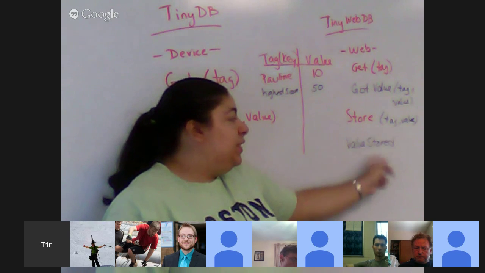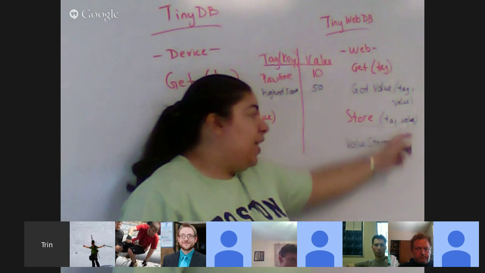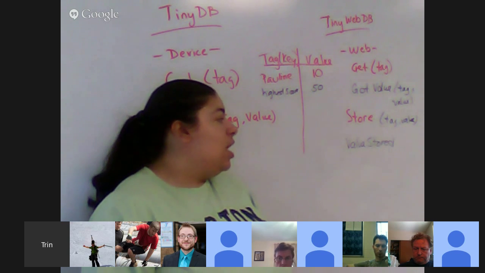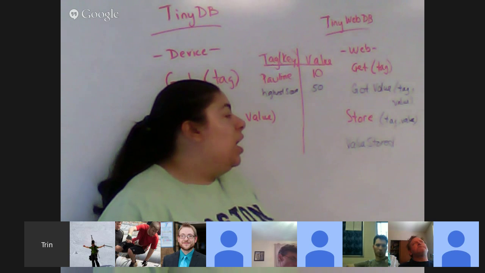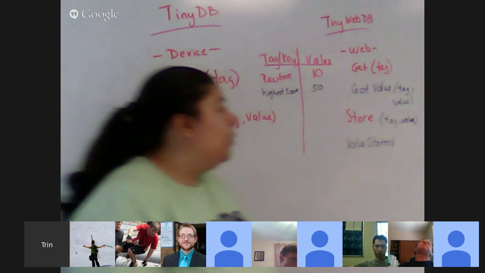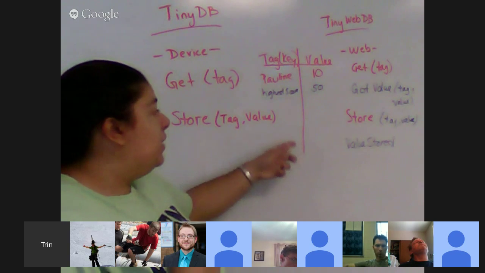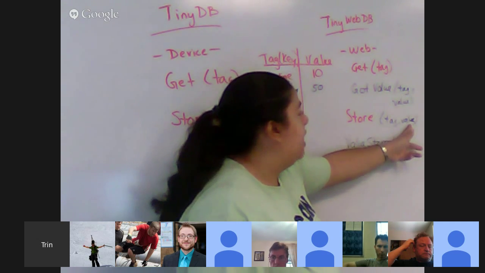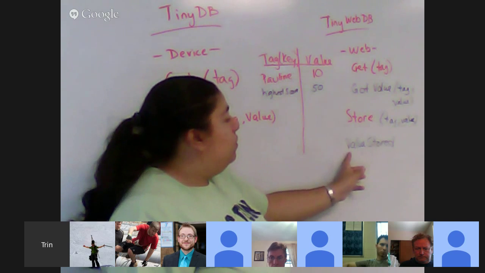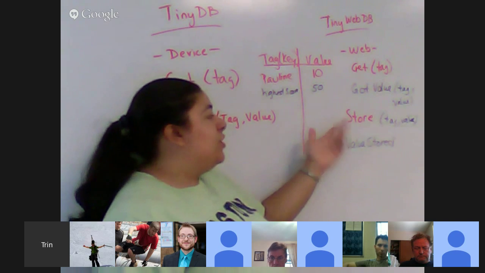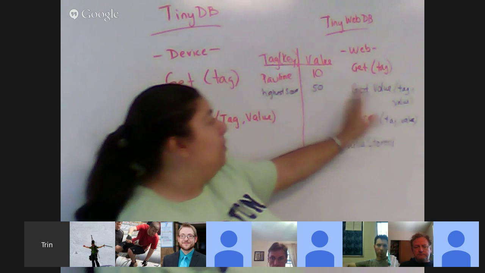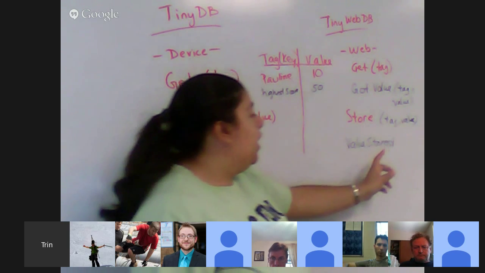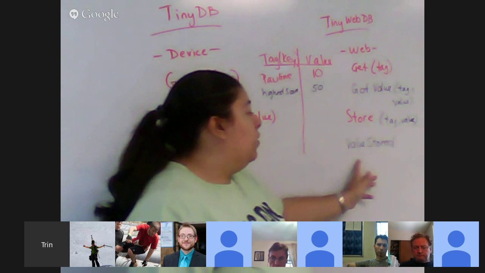So you can say StoreTag and value, and then there's another event handler that says ValueStored. If you were going to save my score into the database, you would say store Pauline 10, and then maybe if I had a higher score, Pauline 15, so I beat my score and I want to save it. So store Pauline 15, and then you want to know that my value is stored.